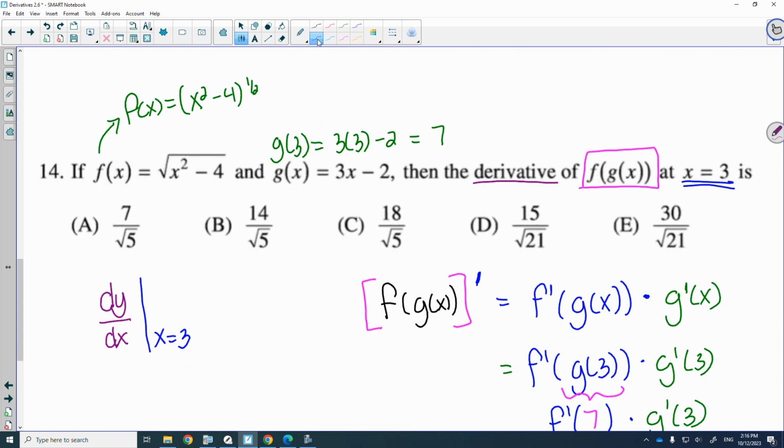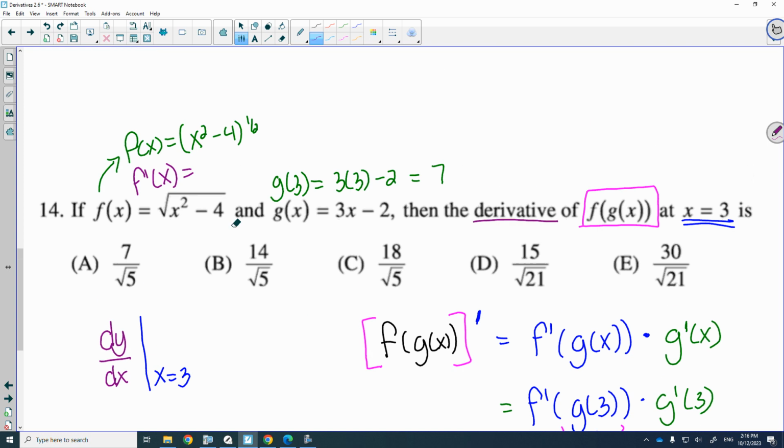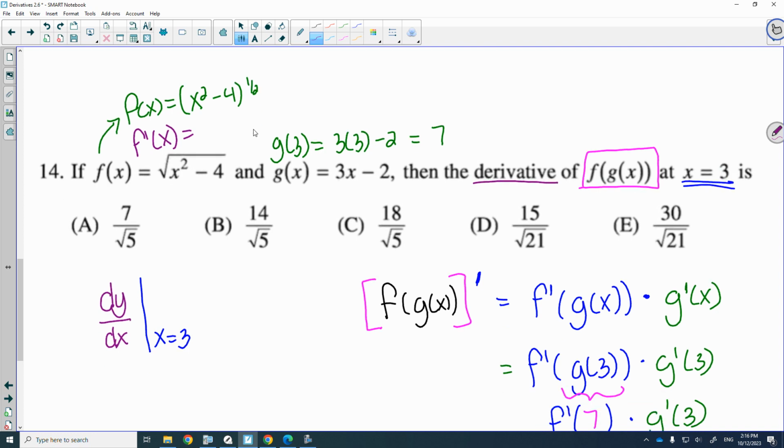I need to find what f prime of x is. Because then if I know what f prime of x is, I'll be able to figure out f prime at 7. So what law or rule would I use to find the derivative of f? Karis, what would I do? If I have x squared minus 4 to the 1/2 and I want the derivative of that, chain rule. So read me what it would be.